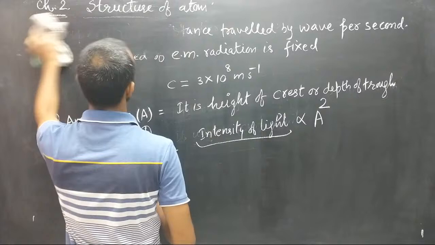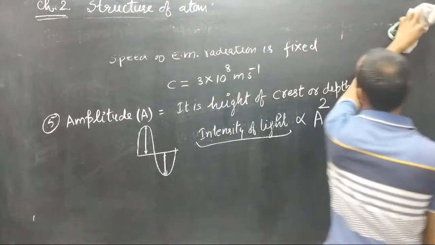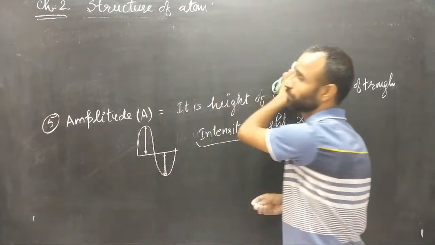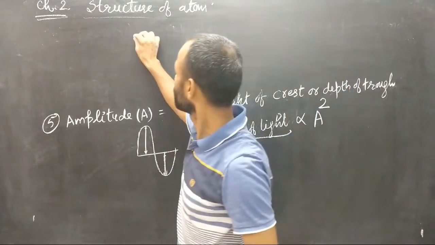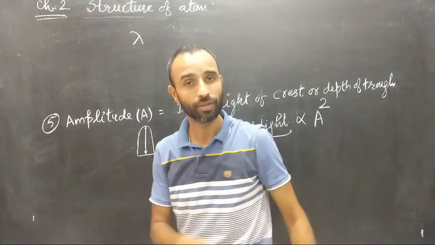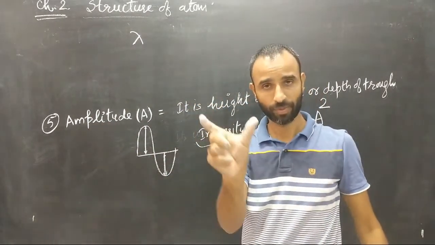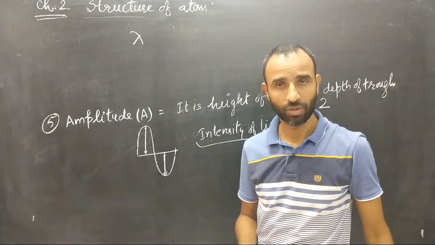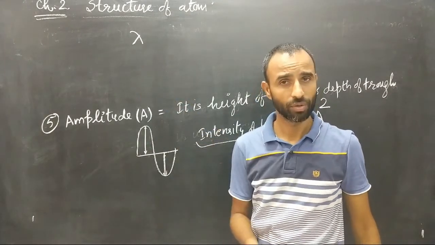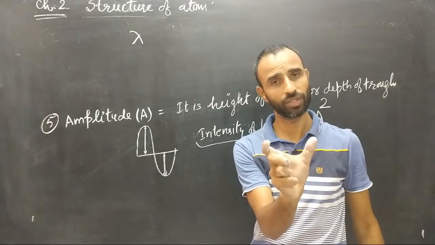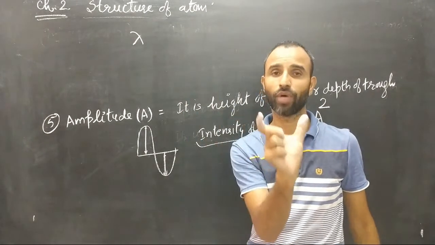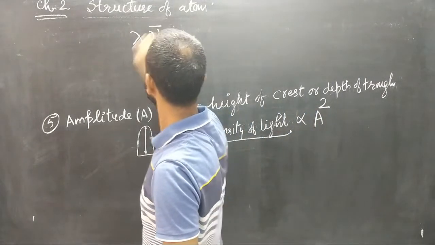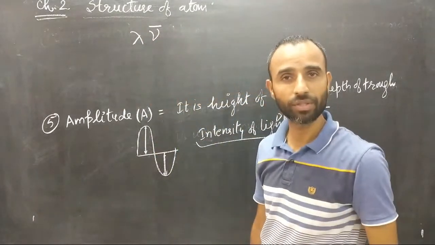So now the relation between frequency and wavelength, that is very, very important. So say, what is wavelength? That is the distance between two consecutive crests or troughs. One wave means one complete wavelength, one crest and one trough give one wavelength, and the time taken to complete that wave is the time period.